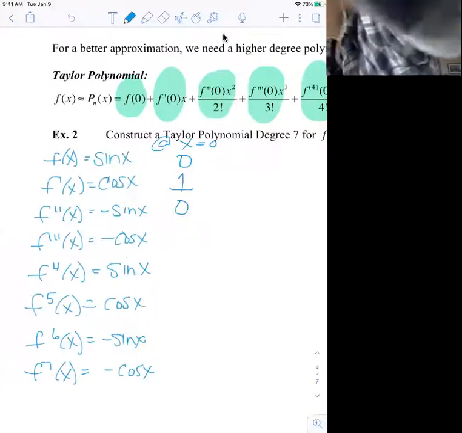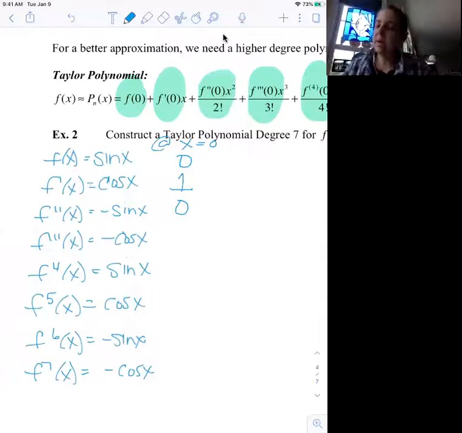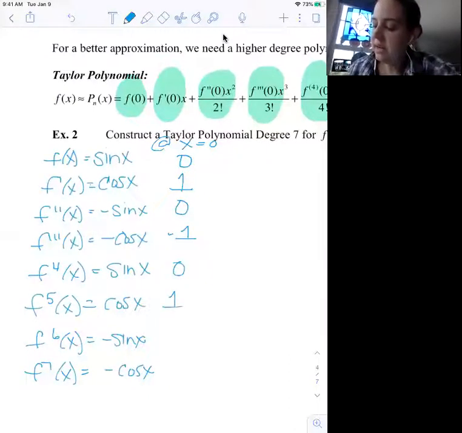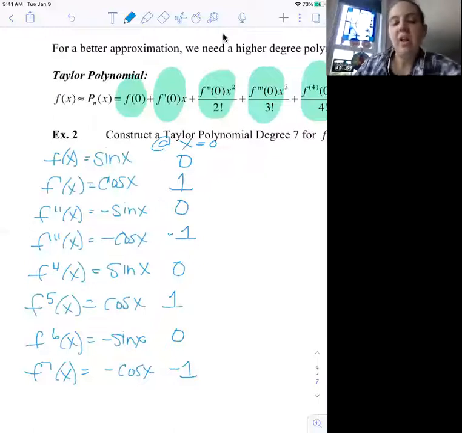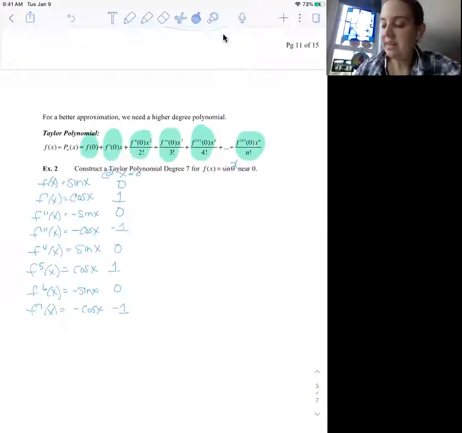Negative cosine of 0 is negative 1. Sine of 0 is 0. Cosine of 0 is positive 1. Negative sine of 0 is 0. And negative cosine of 0 is negative 1. So now we've evaluated all of these derivatives at 0 all the way through the seventh derivative. Our job is to put the rest of these into this formula.